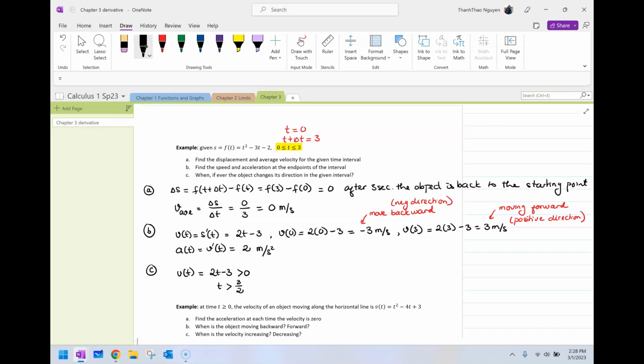This means that the object moves in the positive direction during the time interval from 3 over 2 to 3, and moves in the negative direction from 0 to 3 over 2.